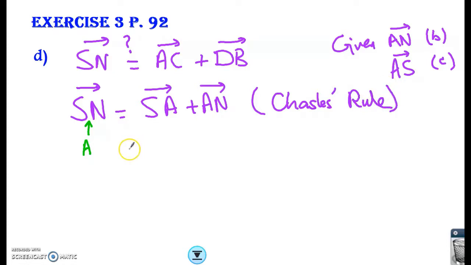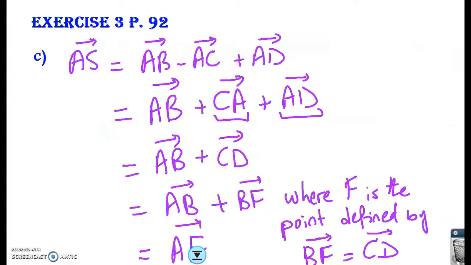Then we know that Sa is minus As, so this becomes minus As plus An. Now we can use any form we want for As, the one that we concluded after simplification or the original one. I will use the original one, but it doesn't matter. So As was AB minus AC plus AD. Okay, this one.